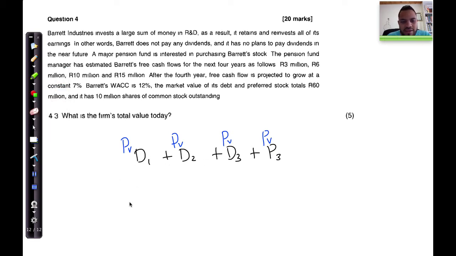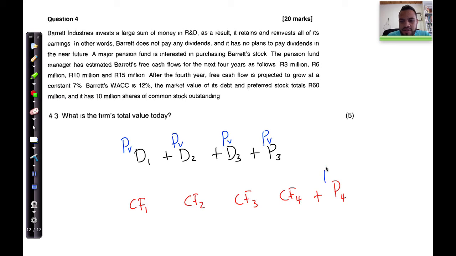We take the free cash flow from year one, the cash flow from year 2, cash flow from year 3, cash flow from year 4, plus the value of the company, which I'm just going to call P4. Remember, P4 is the value of the company on the horizon, before the following year's cash flow coming in.